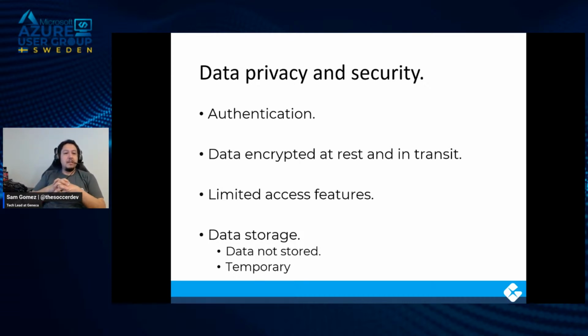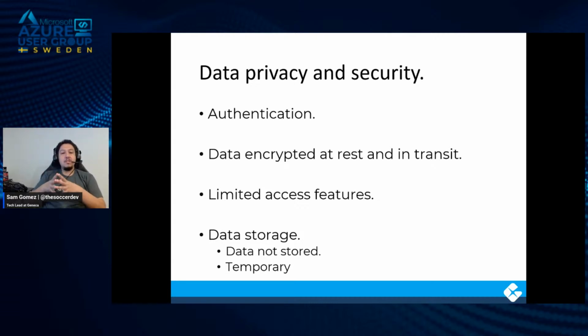And then finally, data storage. There's two different ways that some of these APIs do it. For some APIs, the data is just not stored at all. You send the input, you get back a response, and nothing is stored even temporarily. In some of these APIs, the data is stored temporarily.